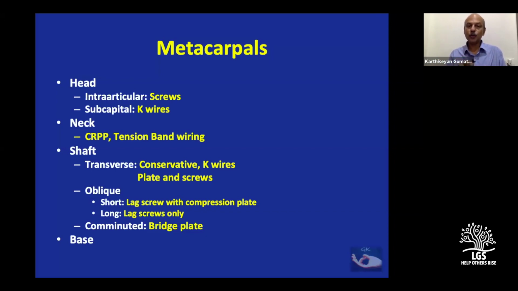I told you, you can use 2.7 mm plates. Those are usually used as a bridge plate because it allows the healing to occur without allowing any load to be placed on that. If load is placed on that comminuted fracture, healing will not be good. So a bridge plating can be done. And of course, lastly, the base fractures where a screw fixation is ideal.